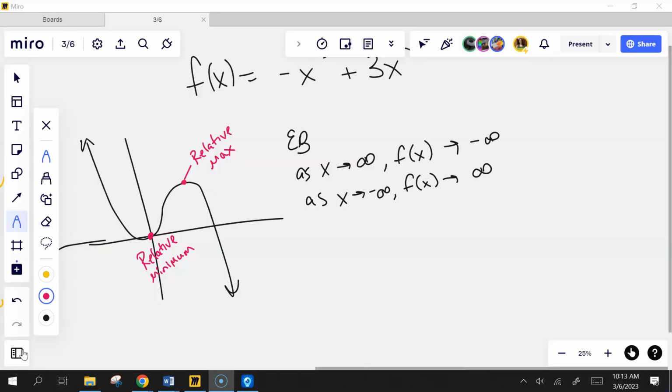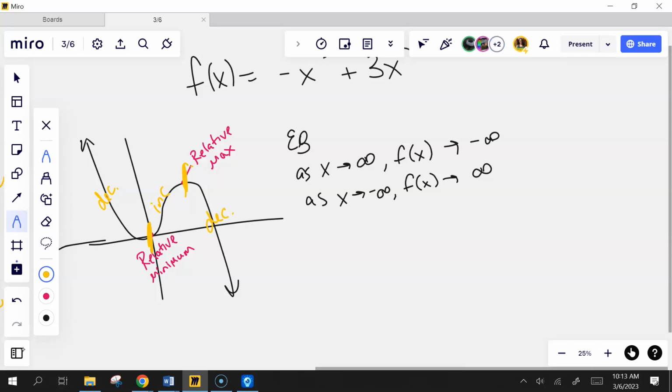If I approach my relative minimum, am I increasing or decreasing? As I go from my minimum to my maximum, am I increasing or decreasing? And as I go from my relative max to the end, am I increasing or decreasing?